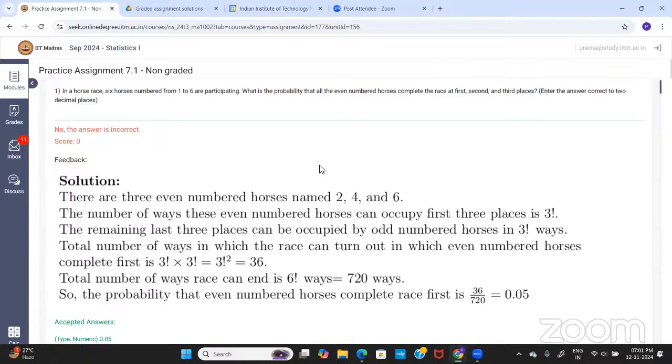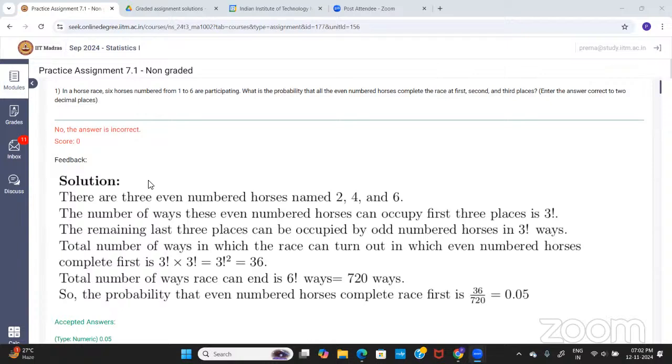And they are doing it in a different way. I'll tell you how I did it, and then please tell me whether I'm doing it the correct way or not. I multiplied 3 by 6 times 2 by 5 times 1 by 4.